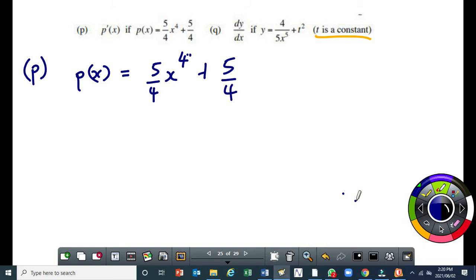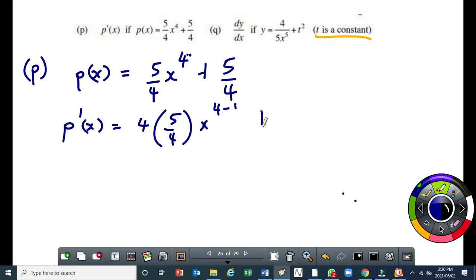Let me carry on. So from here now, since we have got a binomial, you have to find the derivative of the first term, then you add it to the derivative of the second term. So P prime of x will be equal to the exponent times the constant. So that's 4 times 5 over 4 times x to the power of 4 minus 1 plus.